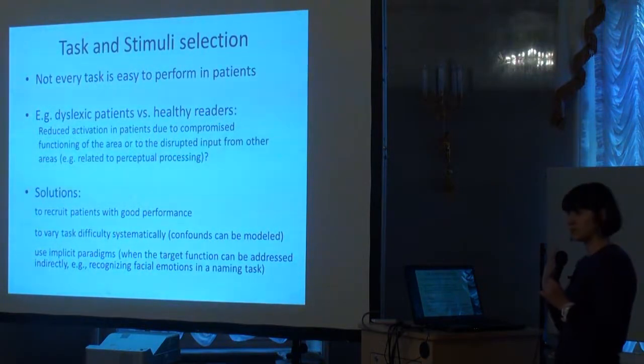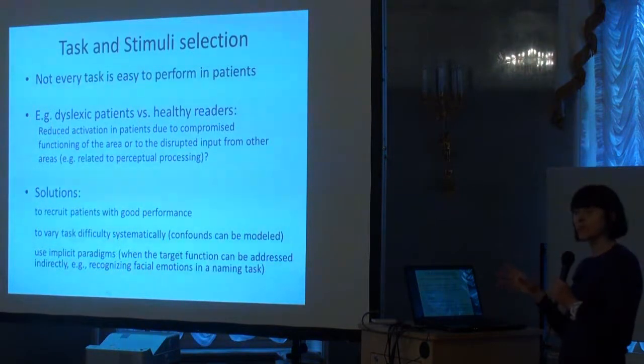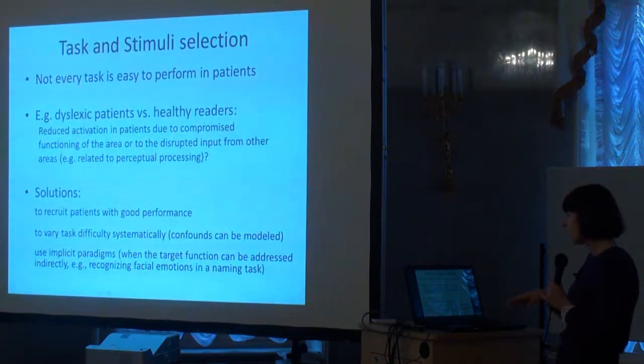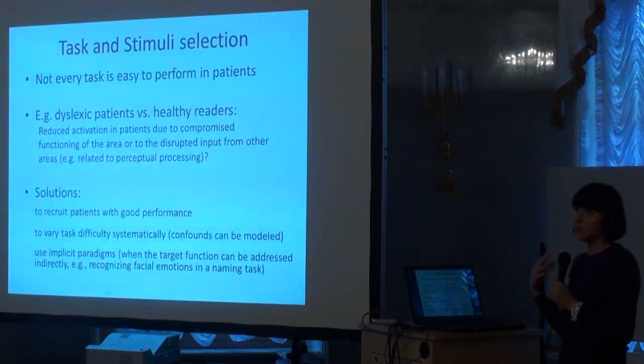But it might be due to two different reasons. Either due to the fact that this particular area is not functioning properly, that its function is compromised, or because it doesn't get the proper input from another compromised area, and we just don't know.